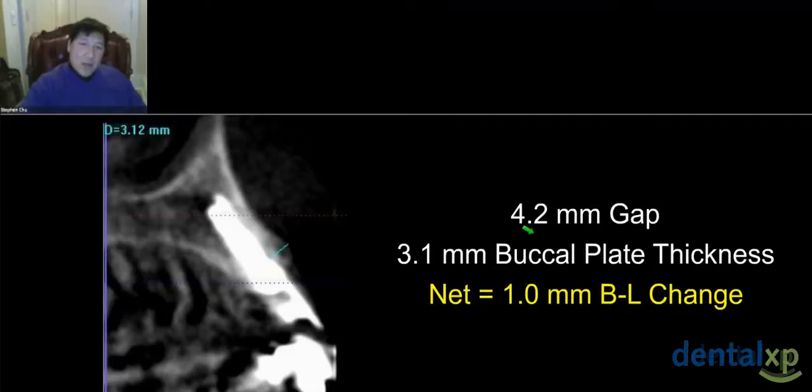Well, the initial gap was a little bit greater than 4 millimeters. So again, on the CBCT, we had about 3 millimeters of buccal plate thickness, as evidenced over here. So that's a net of about 1 millimeter of buccolingual change. So in fact, the buccal plate had resorbed and collapsed by about 1 millimeter.